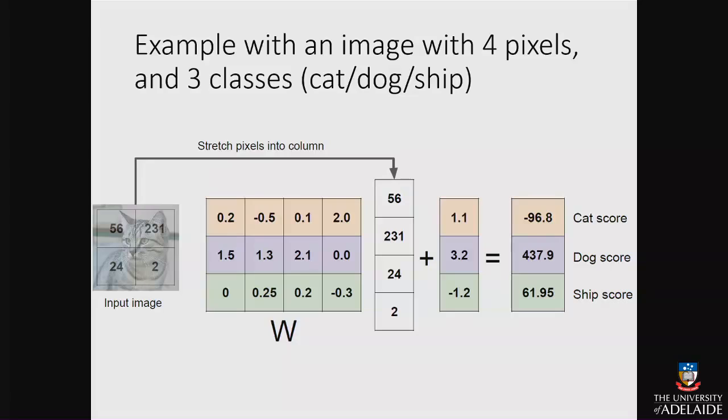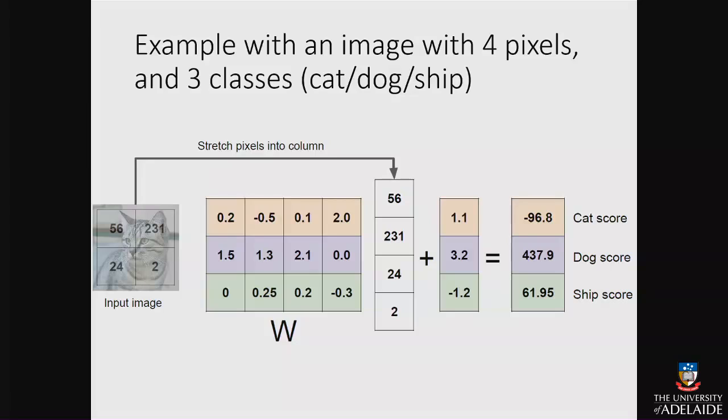So in this case, let's assume the learned parameter W is this 3 by 4 matrix, and the bias is this 3 by 1 vector. If we compute W times X plus B, it will give us an output which has 3 numbers. As we can see, the biggest one is 437.9, which is the dog score.